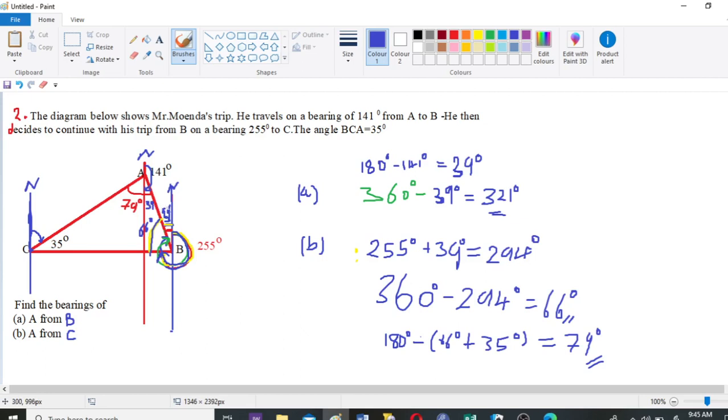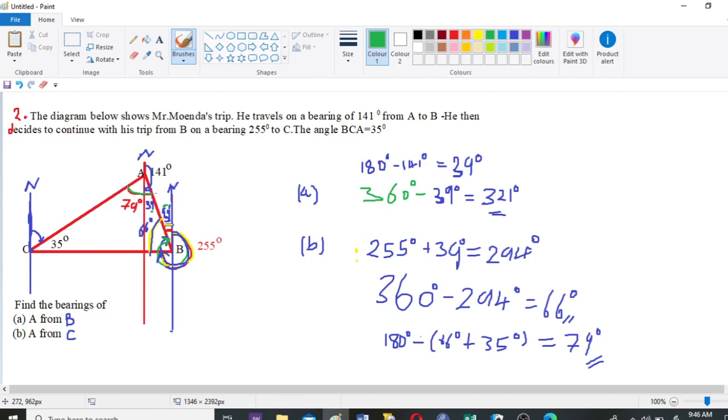So this angle which is 39 here and this angle, alternate interior angles, they are both 39 in size. Now we have calculated this angle from here up to here to be 79, including a 39. So that 39 is inside 79.